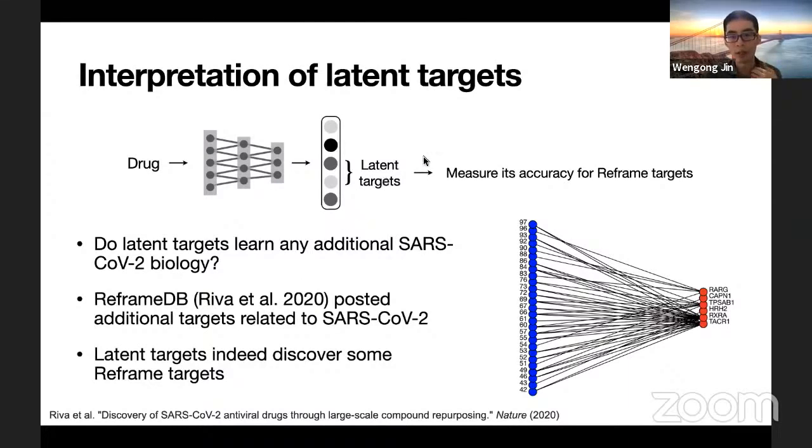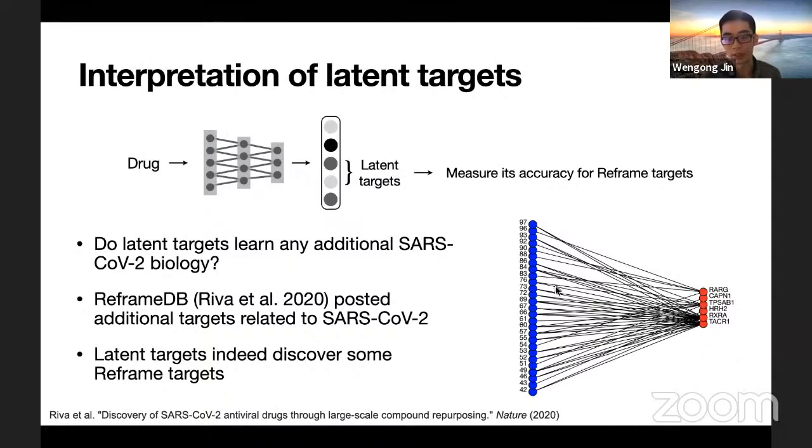So we can just simply measure the AUC of each latent target if you have a list of drugs and whether it binds to this real biological target or not. So from the right-hand side, you can see that these are the list of latent targets, and each edge means it has AUC over like 0.7 with respect to the real biological targets here.